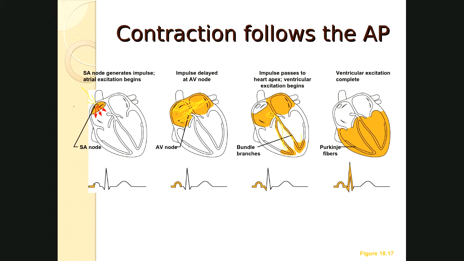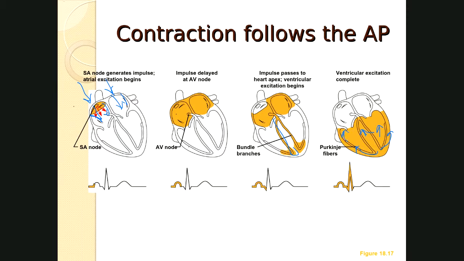So if you look at how this is working, on the atria, it happens from the top down. But if you look at the ventricles, it zooms all the way to the bottom and then turns around and goes back up. So on the ventricles, it happens from the bottom up.